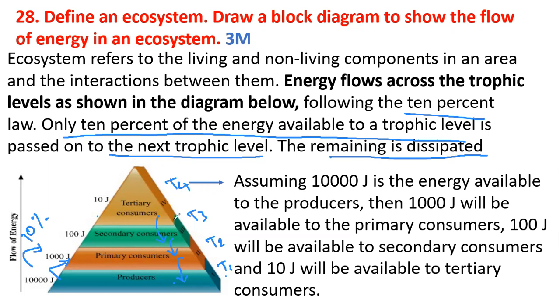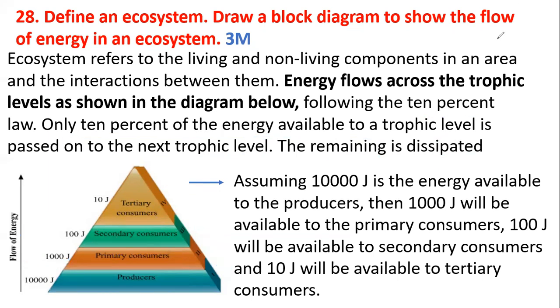This complete diagram, the flow of energy, is explained by taking one example. If producers have 10,000 joules of energy, only 10% is going to transfer. So only 1,000, and from 1,000 only 10%, 100, and from there only 10 joules, 10%. After that, very minimal energy is going to transfer.